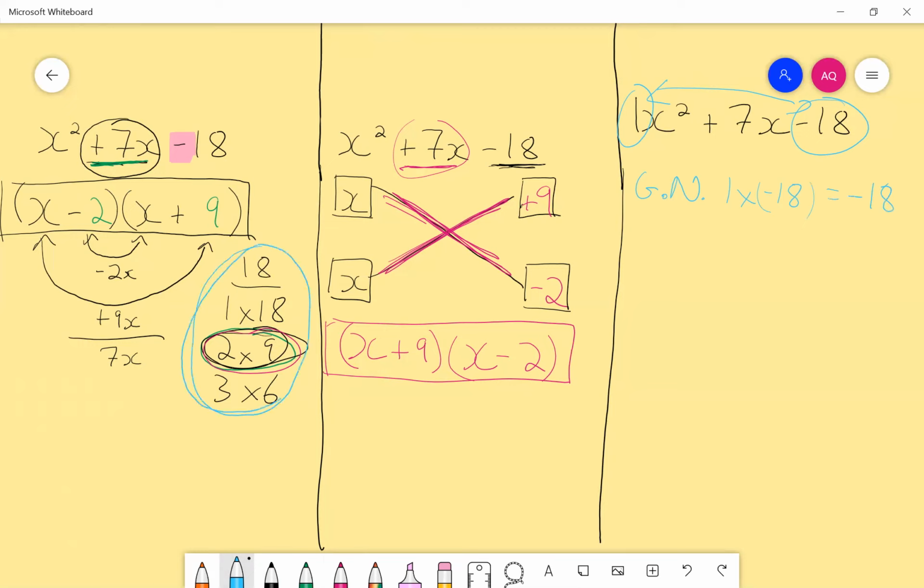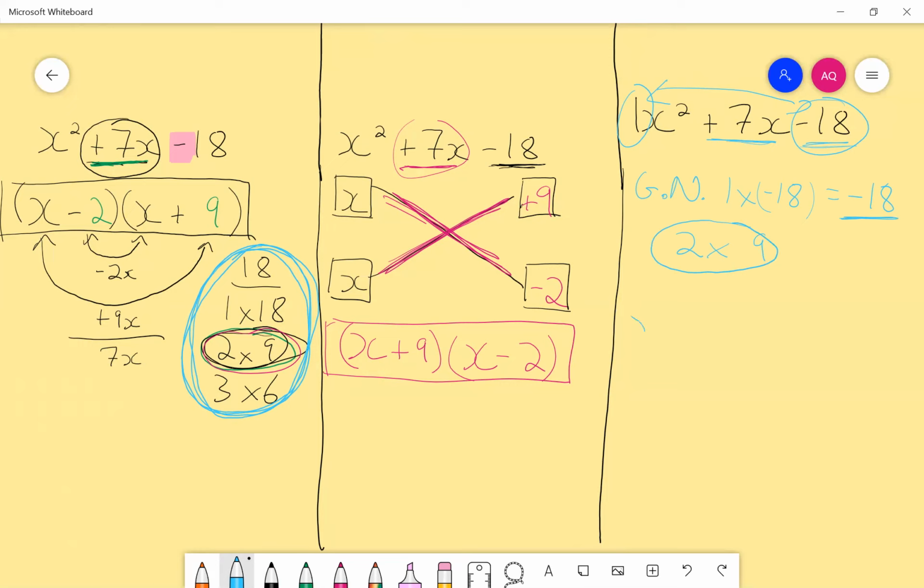We'll deal with the sign in a second, okay? So we have to pick factors of 18 which can combine to give us 7x. Because it's a negative, they must have a difference of 7. So we're going to have to choose 2 times 9.